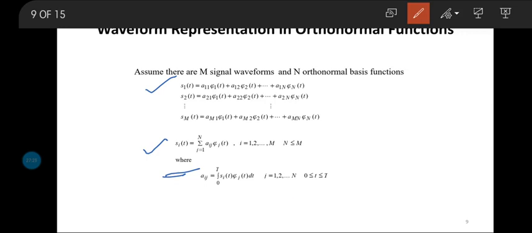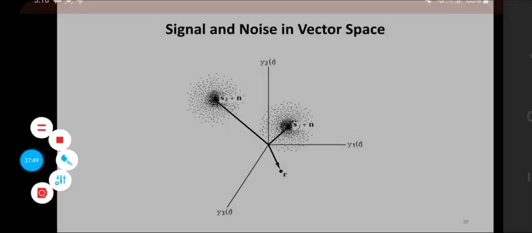Aij takes its value based on this particular expression. The coefficient Aij is the value of the psi j of t component of signal Si of t. The form of this psi j of t is not specified. It is chosen for convenience and will depend on the form of the signal waveforms.